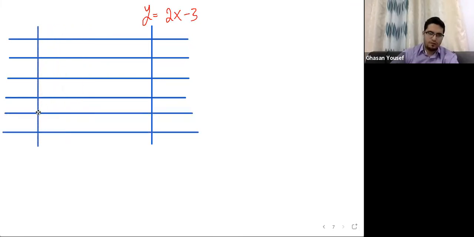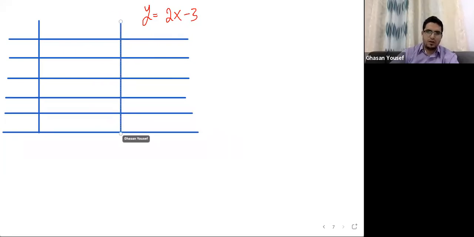I'll move this point here. And the same thing for the other one. There you go, here. Now also I will plot the graph, the x-axis and the y-axis over here.